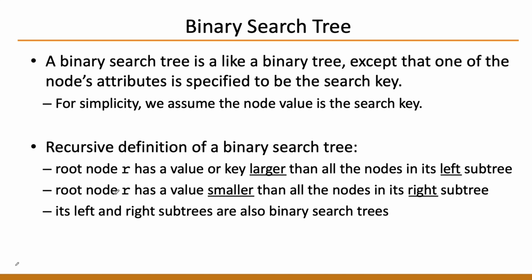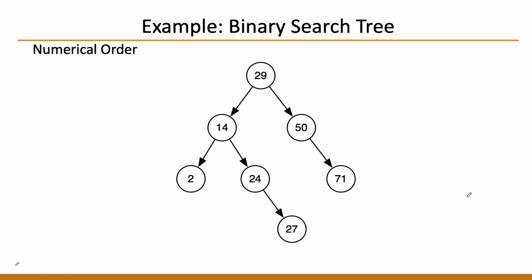In other words, the root node R should be smaller than all the nodes in the right-hand side. This is the first level of the definition. After that, the same definition is applied to the left subtree and the right subtree, which means this binary search tree property should be applicable at each and every level of the subtree. If we can achieve that, then we call this kind of binary tree a binary search tree.